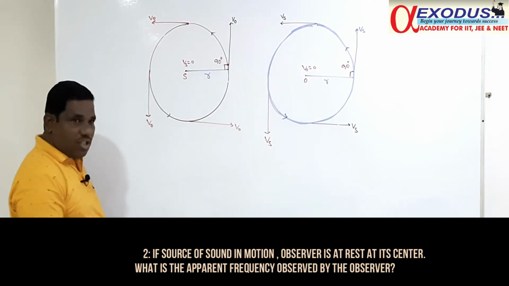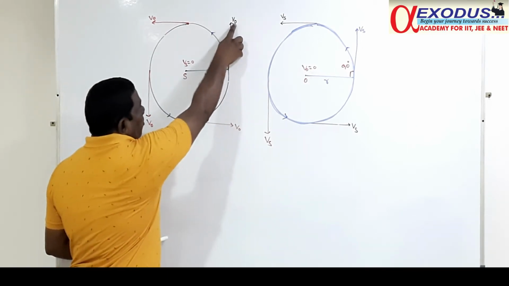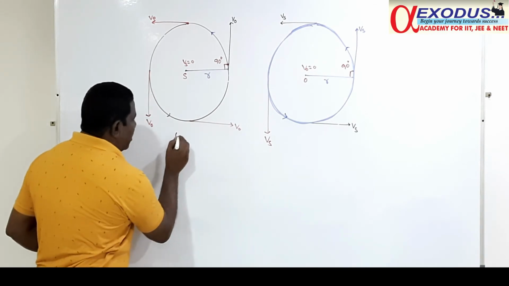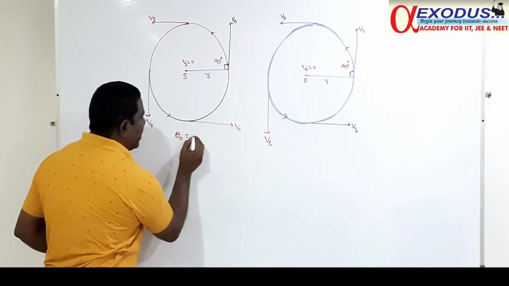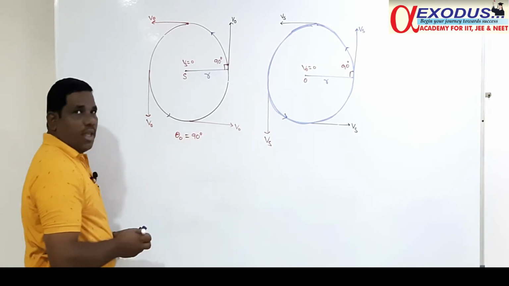Come to the first situation. Here, the angle subtended by the observer's velocity vector is theta naught, that is equal to a right angle, 90 degrees.